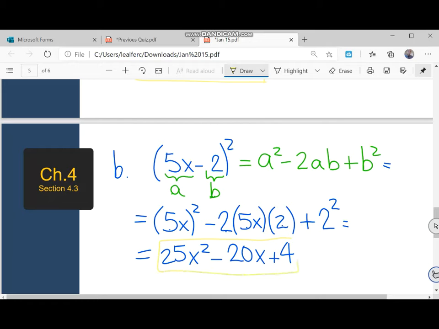Again, this is faster. When you get the practice, it's going to be even faster. If you try to apply the FOIL method, you're going to see it will take more time.